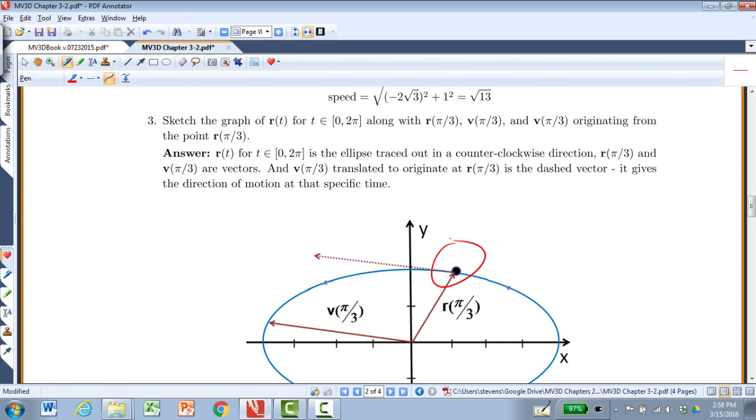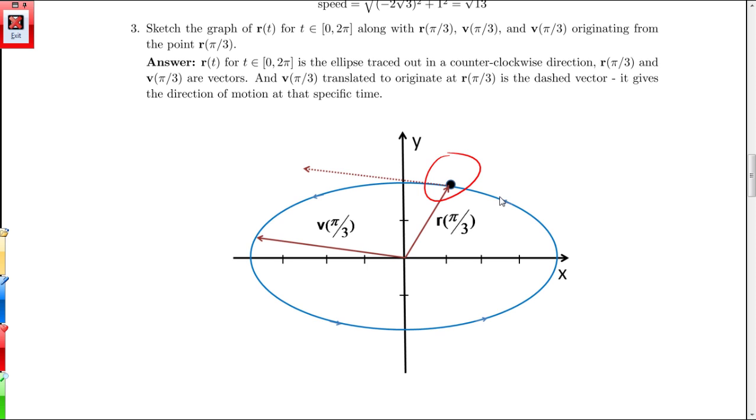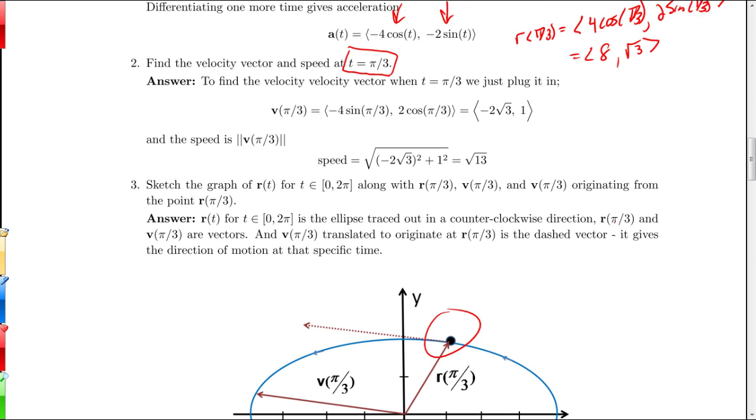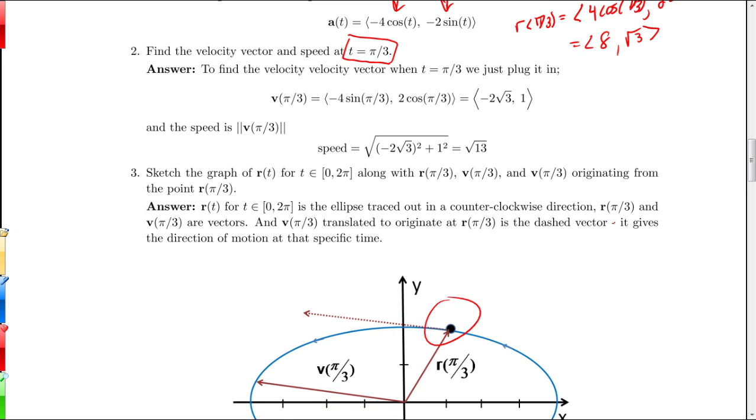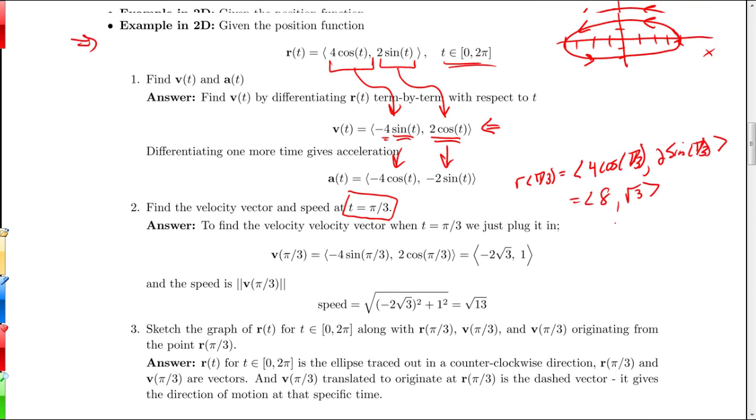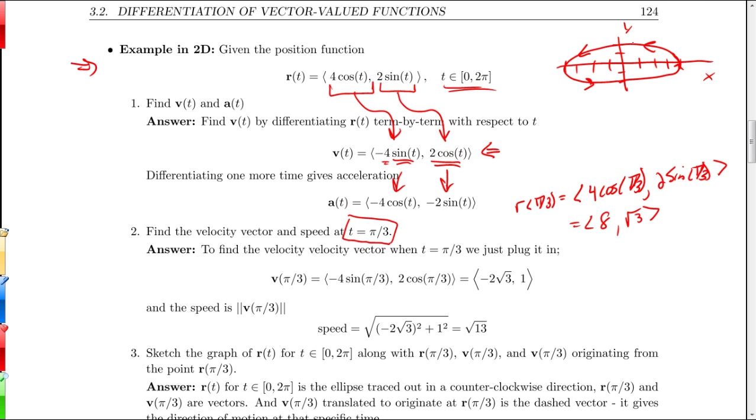I can't get the whole book on my page here. Maybe if I make it bigger. Still trouble squeezing it on. So I'm going to go back to my little drawing up there. So I'm right here. That's at the point r of pi over 3.